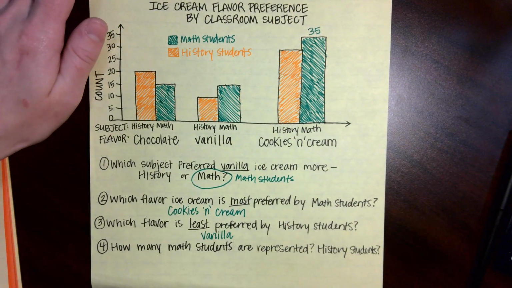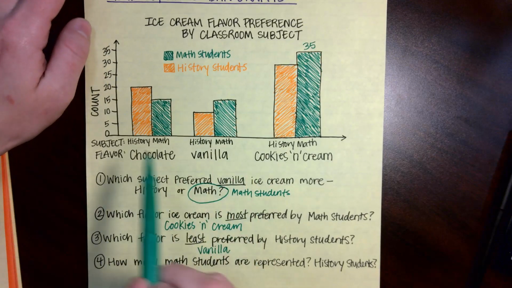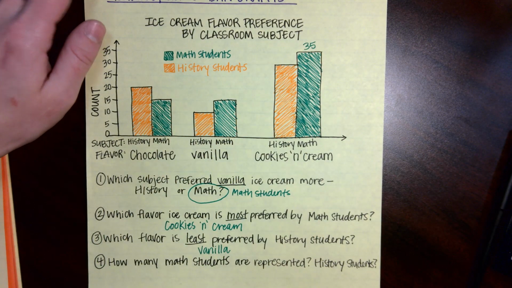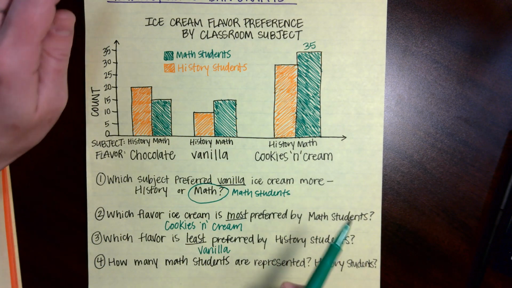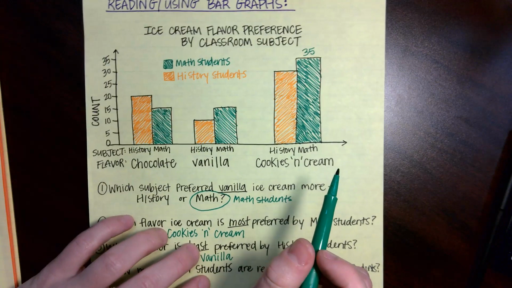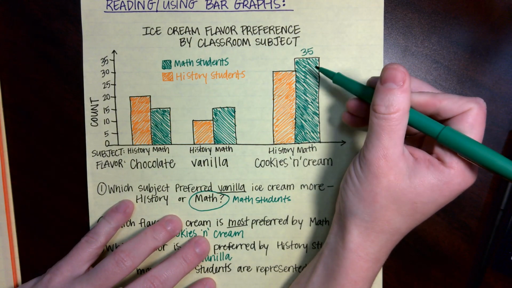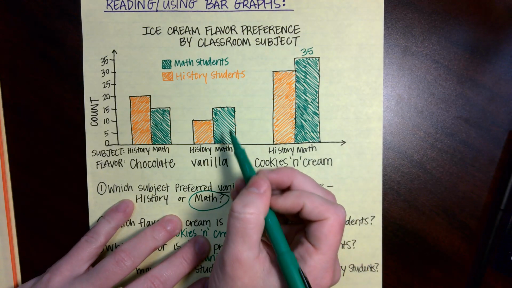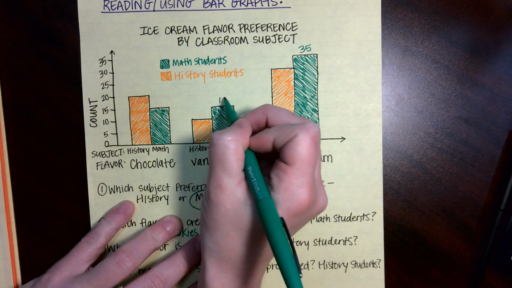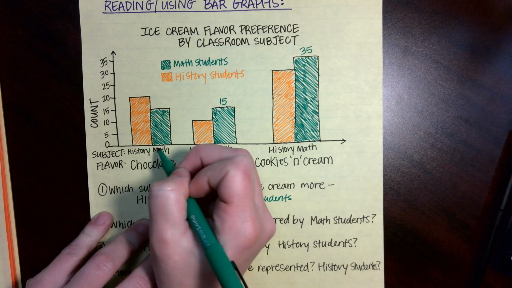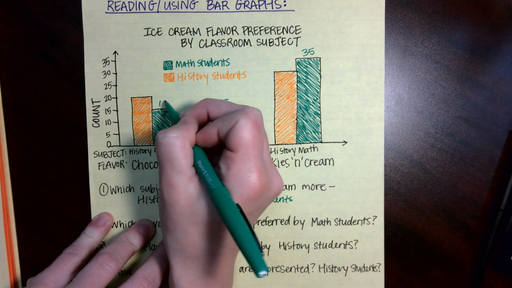Now we want to know how many students are there overall, just in math. We'll start with math. You would just add all of them, so you got 35. Yeah, so right here there's 35 that voted for cookies and cream. How many voted for vanilla? 15. How many voted for chocolate? Also 15.